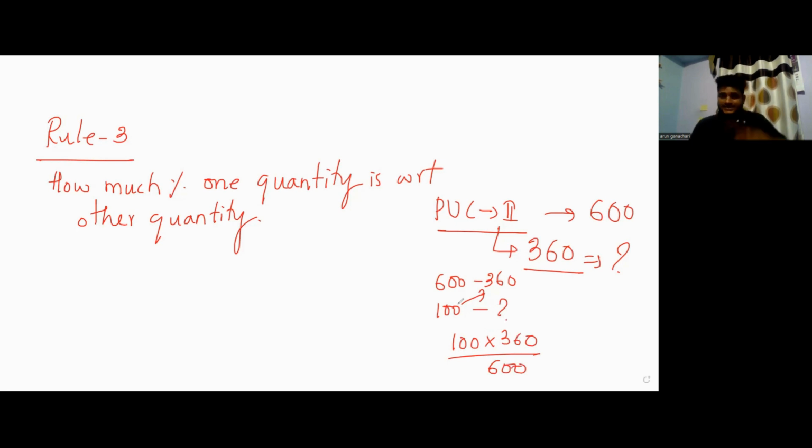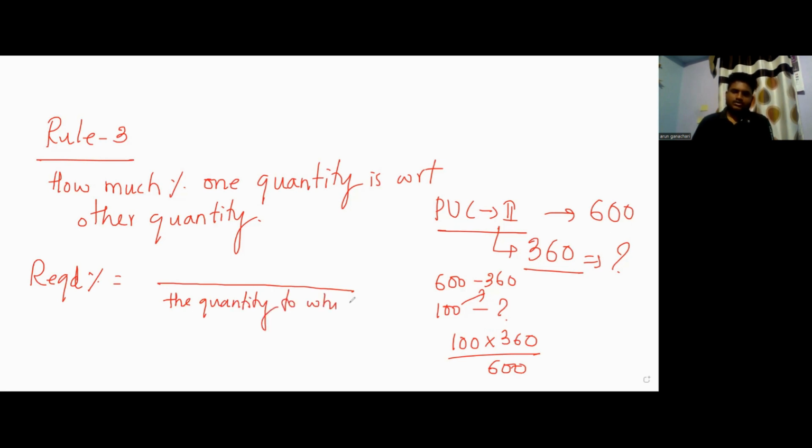So what we essentially created is itself a formula. So what does the formula say? The required percentage is equal to, in the denominator, we'll write the quantity to which we are comparing.